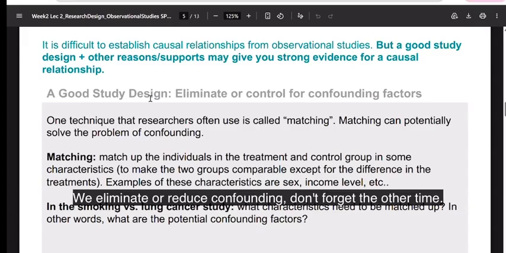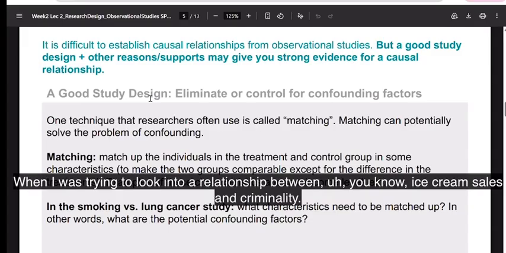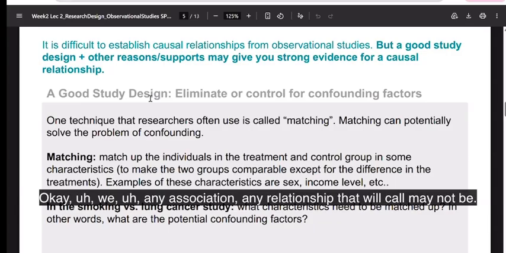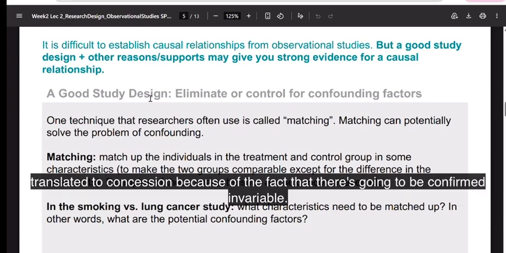Don't forget the other time when I was looking into the relationship between ice cream sales and criminality. Any association, any relationship that occurs may not be translated to causation because there's going to be a confounding variable.